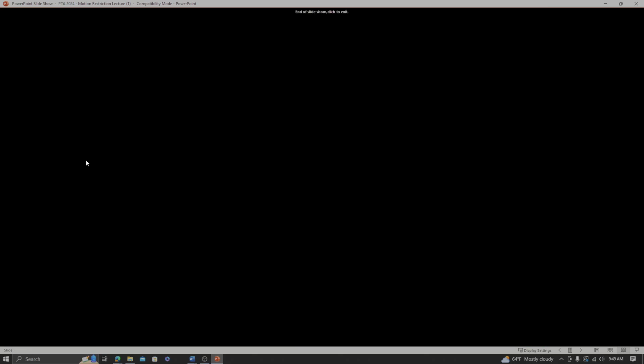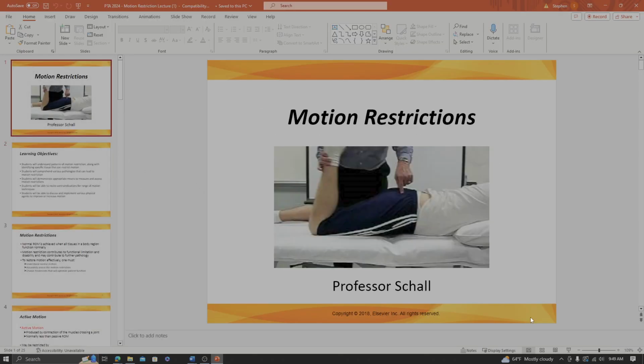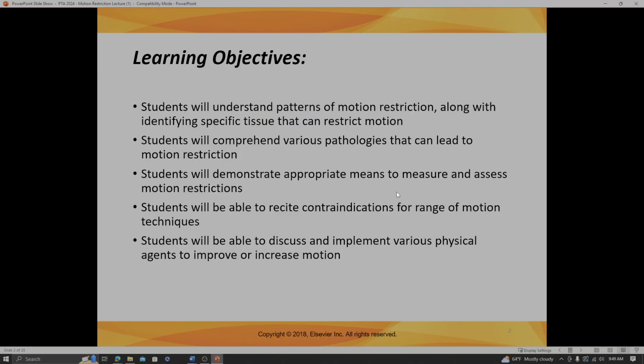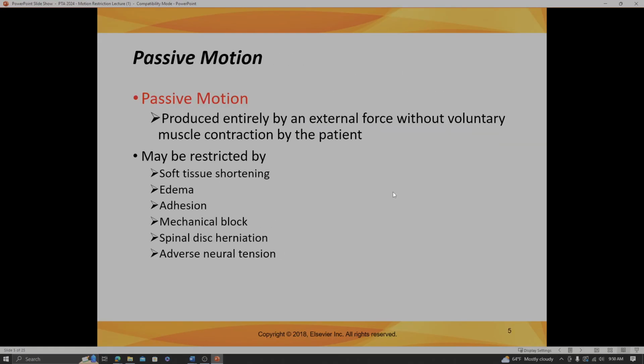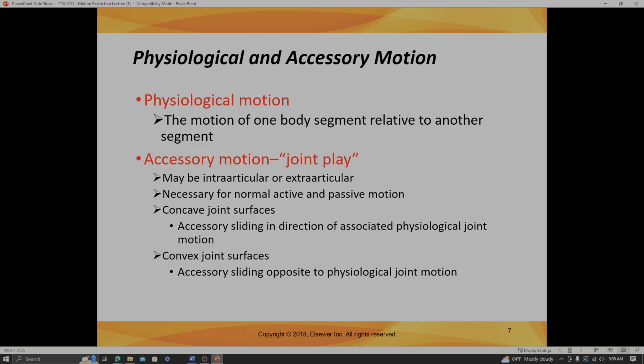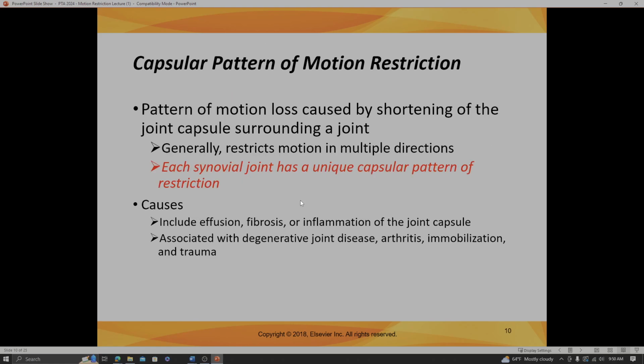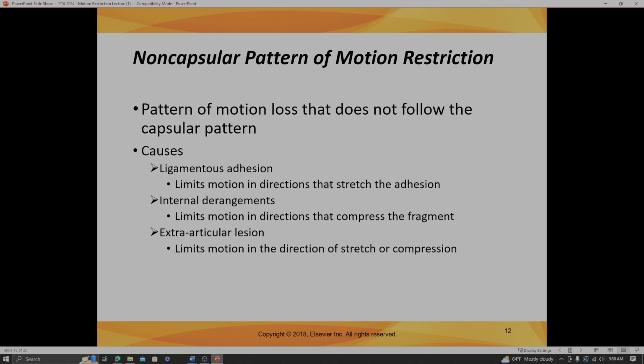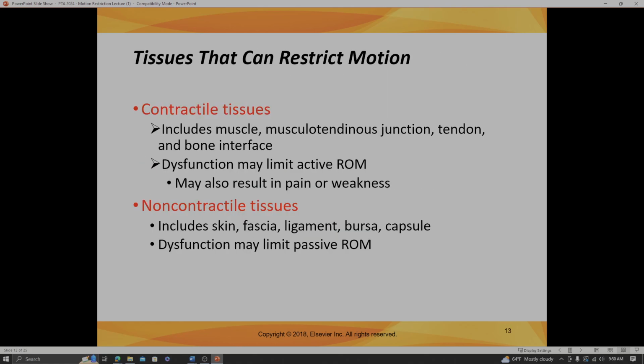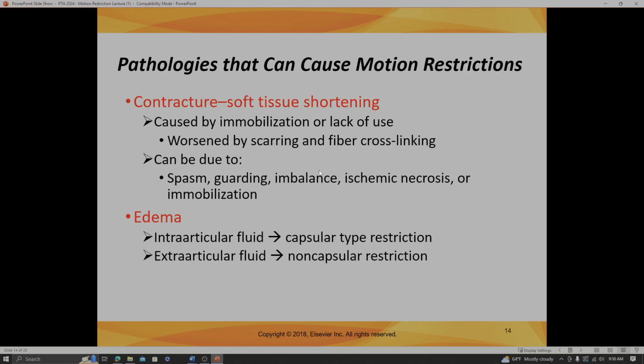For purposes of your quiz, we should look at differences between active and passive range of motion, types of end feels, difference between physiological motion and accessory motion, basics of concave-convex rules, what is a capsular pattern, differences between contractile and non-contractile tissues, what is a contracture, what it means when I say intra-articular versus extra-articular.